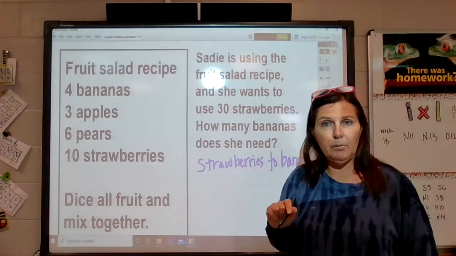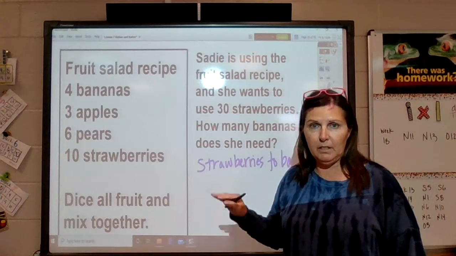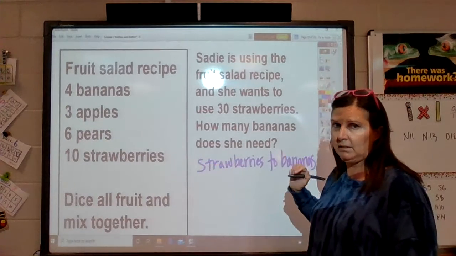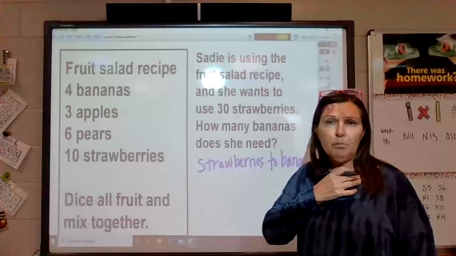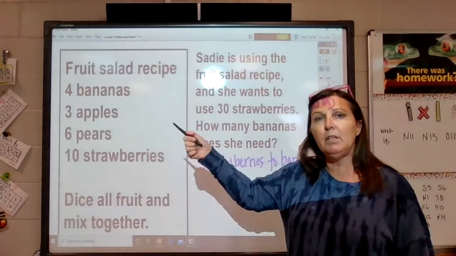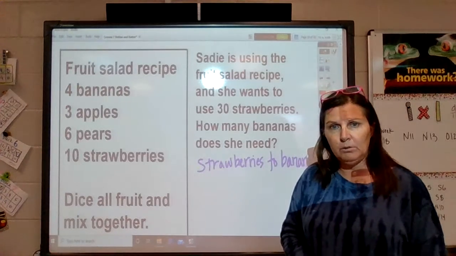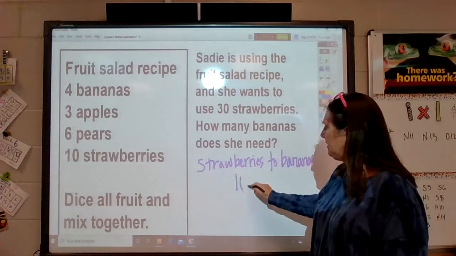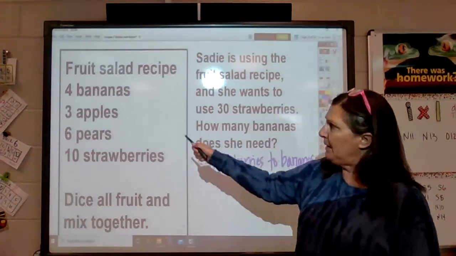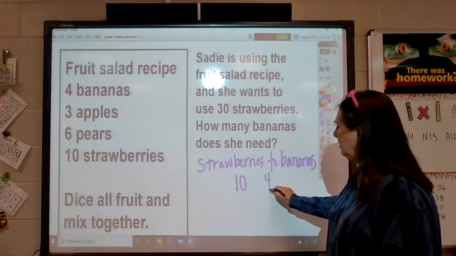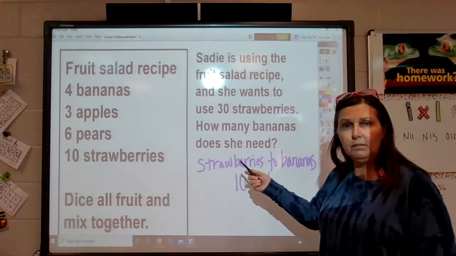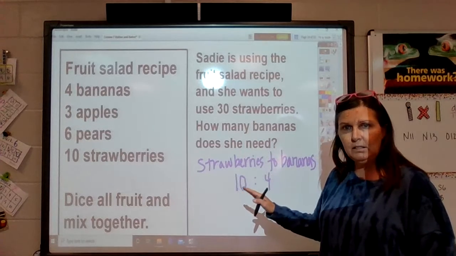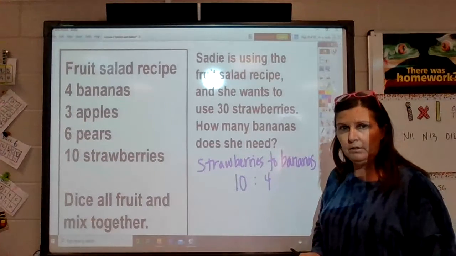For this next part, we have to remember that order matters. So we need the number that goes with strawberries first, the number that goes with bananas next. We're going to get these numbers for our original ratio from the recipe. So what number goes with strawberries? Strawberries is 10, bananas is 4. So you would say the ratio of strawberries to bananas in this recipe is 10 to 4.